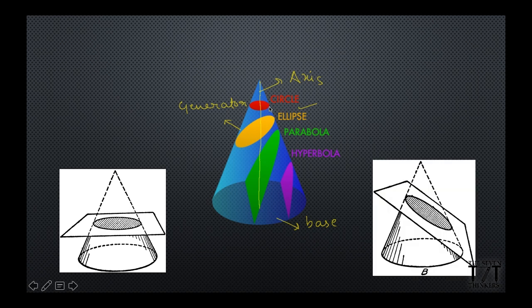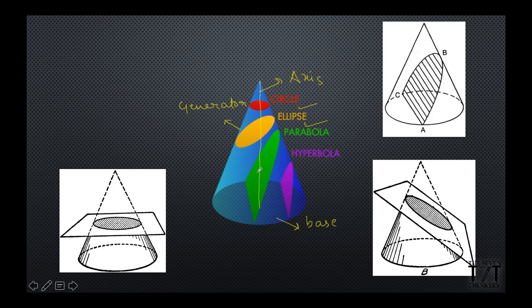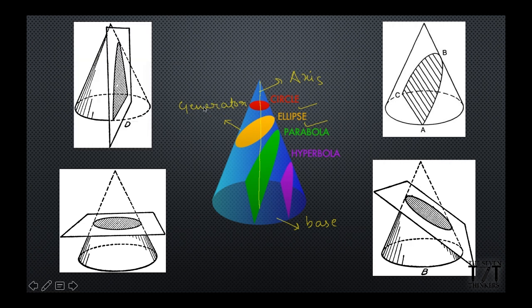Likewise, when we cut the cone in any direction which is not parallel to the axis, not parallel to the base, or not parallel to the generator, we obtain a figure which is an ellipse. Parabola is obtained when we cut a cone parallel to its generator, and hyperbola is obtained when we cut the cone parallel to its axis.